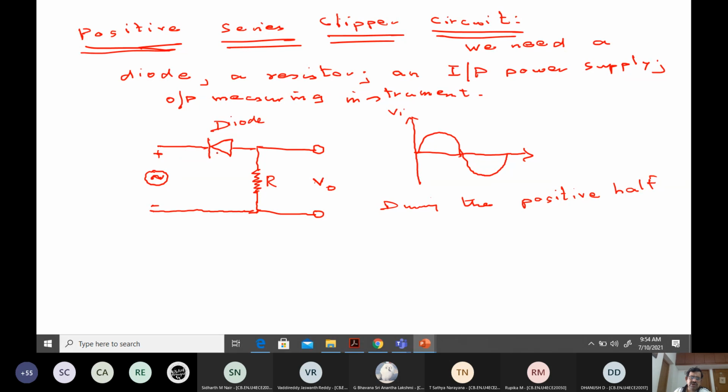So this diode will be under reverse bias during the positive half cycle.